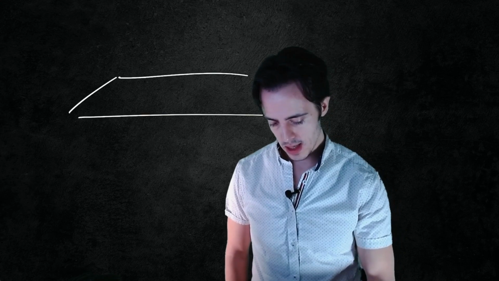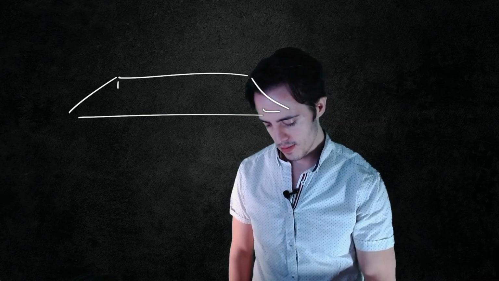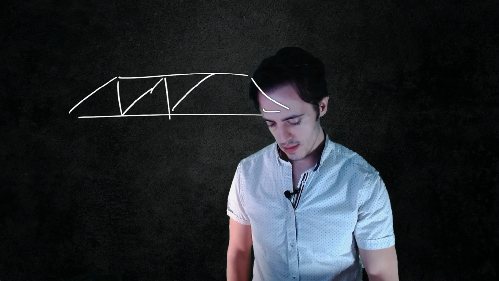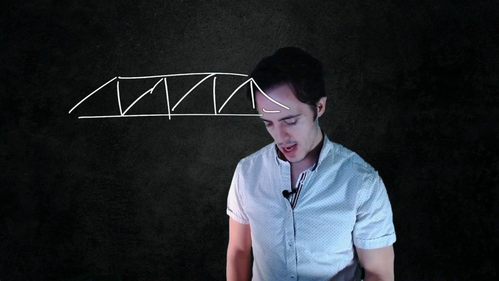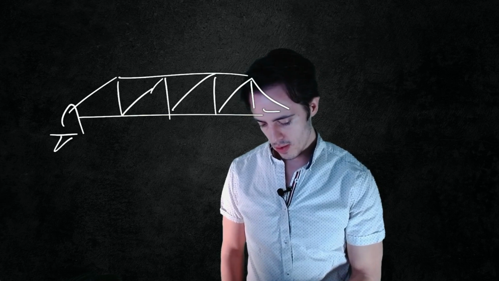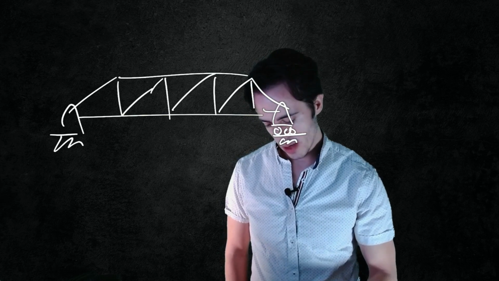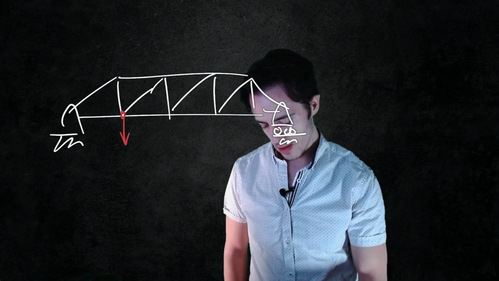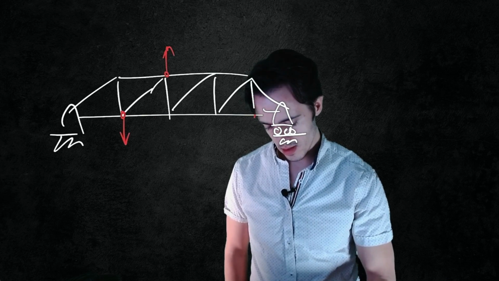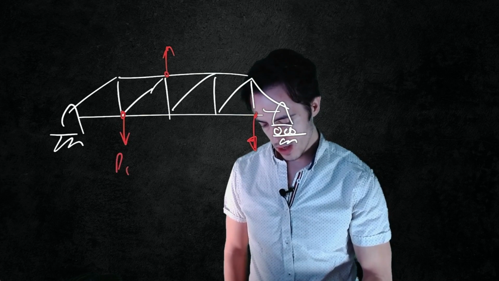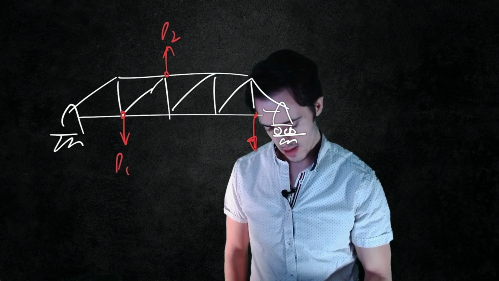Say, for example, I've got a big dirty grey truss frame, and let's say it's statically determinate, and we've got P1, P2, and P3.